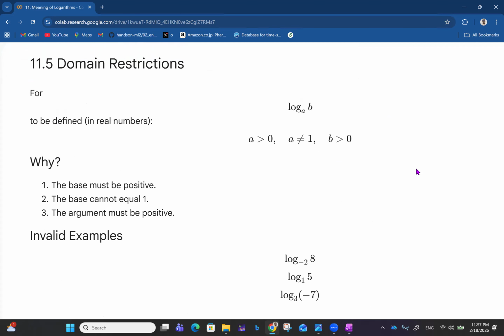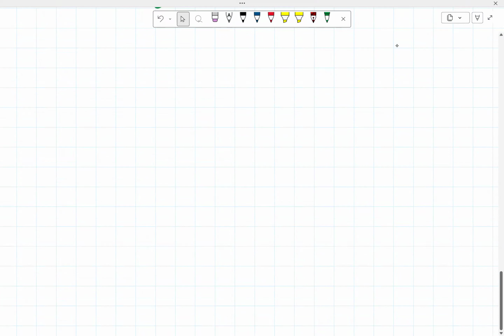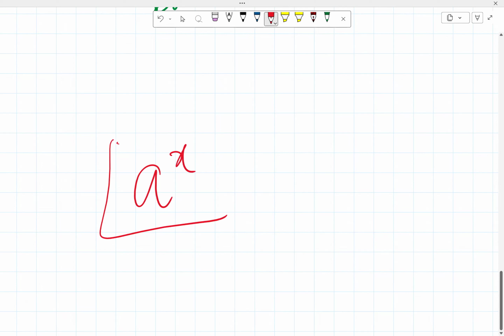Now, there are domain restrictions, just like in the case of exponents. If you remember, for exponents, we talked about some conditions for something to be an exponent. Imagine that you have a raised power x. So for a raised power x to pass as an exponent, first of all, a must be greater than 0. It has to be positive.